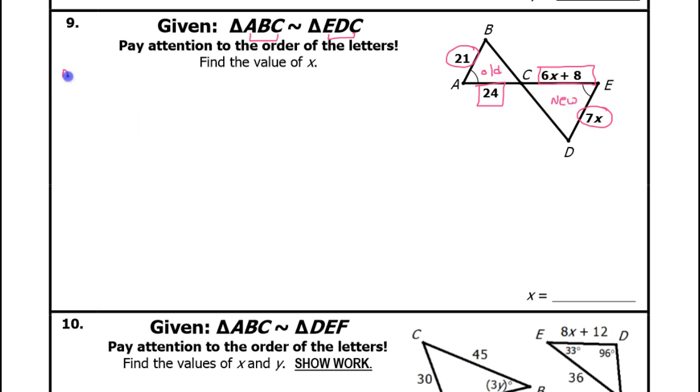And I'm going to do new over old is equal to new over old. So new over old, that would be 6x plus 8 over 24. And then new over old, that would be 7x over 21.